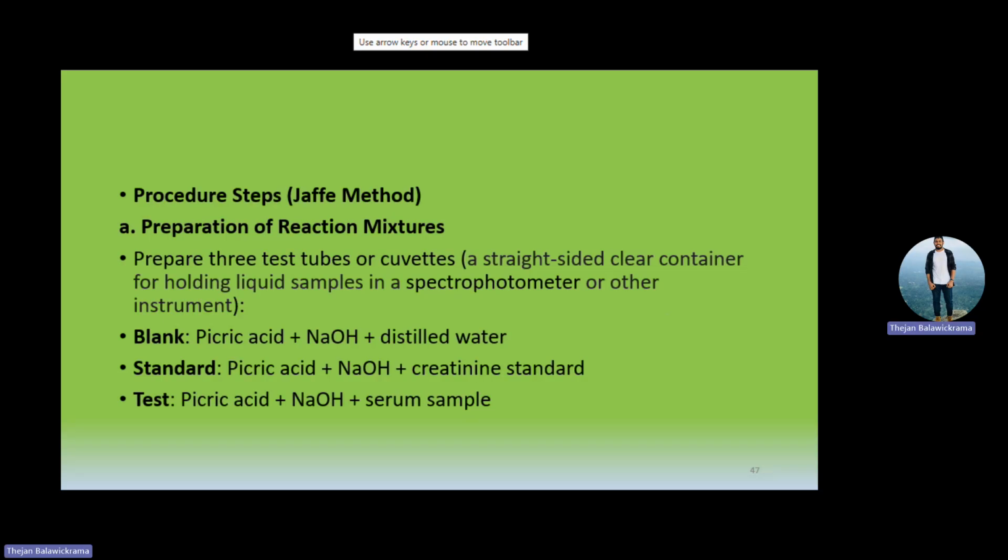We prepare three solutions: blank, standard, and test. Blank: picric acid, sodium hydroxide, and distilled water. Standard: picric acid, sodium hydroxide, and standard creatinine solution. Test: picric acid, sodium hydroxide, and serum sample, which is our patient sample.